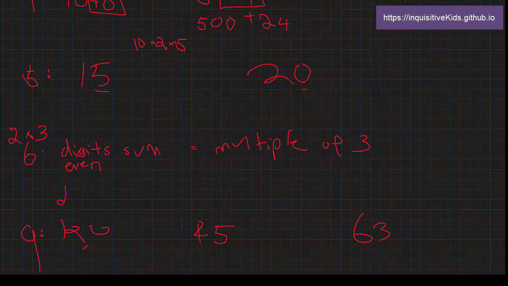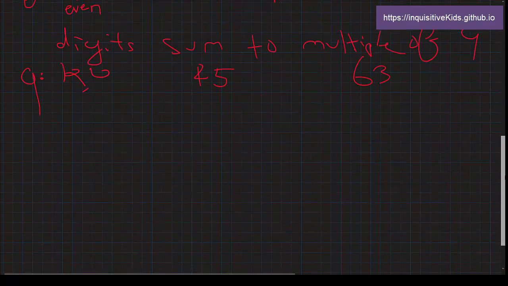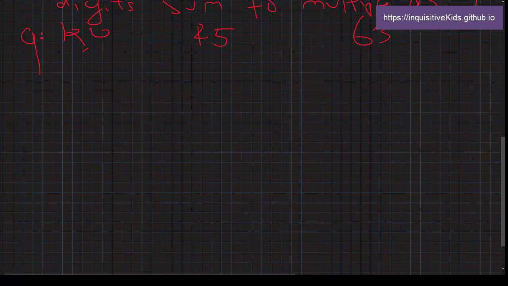The digits sum to a multiple of 9. So every single time if you see a number that has a digit sum of 9, then you know it is a multiple of 9 itself.